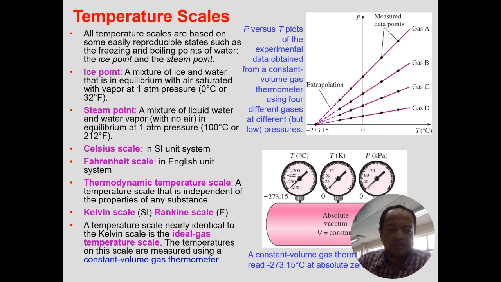The temperatures on this scale are measured using the constant volume gas thermometer. You will do the experiment on the temperature scale in the laboratory; there is one module on it. Okay, let's take a look at the PT diagram here.